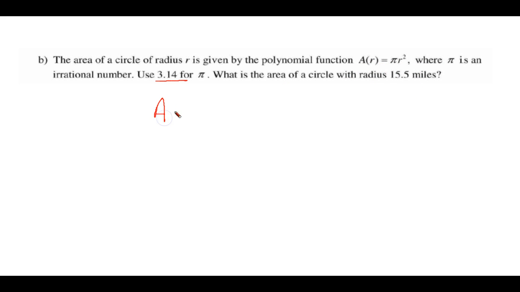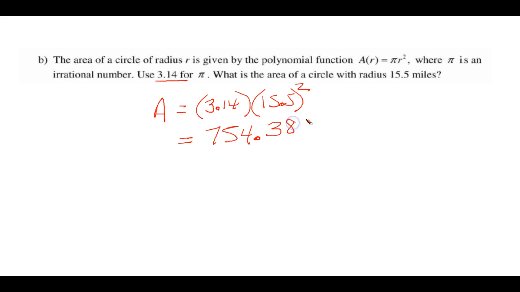So the area of a circle, which is pi, 3.14 times 15.5, and we have to square that, and I'll put that into my calculator, and when I do, I get 754.385. So that would be the area of the circle, and these would be miles.